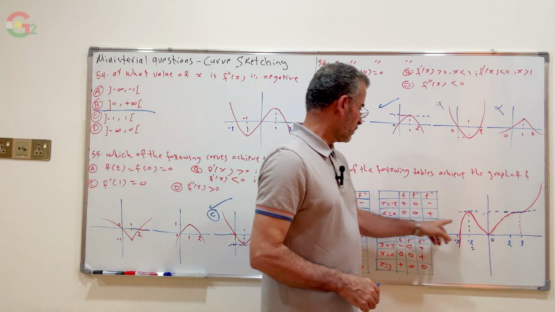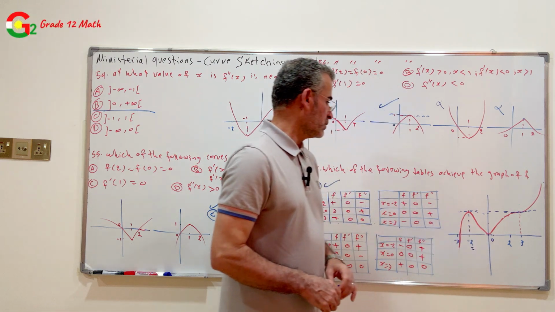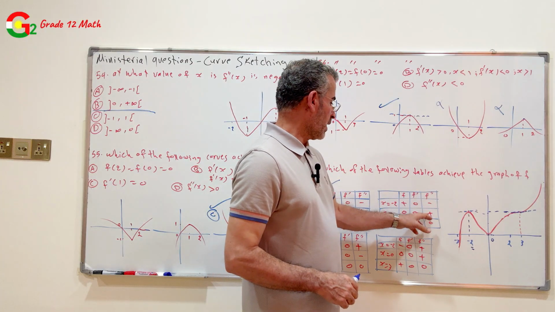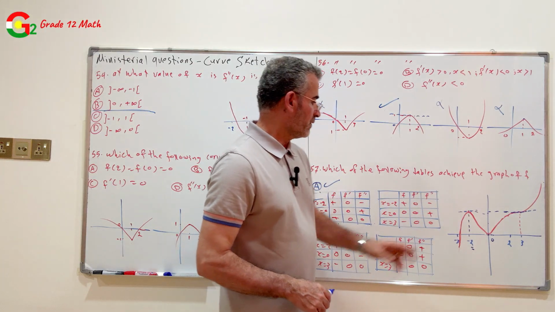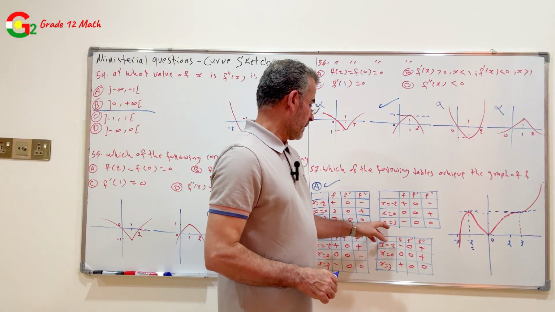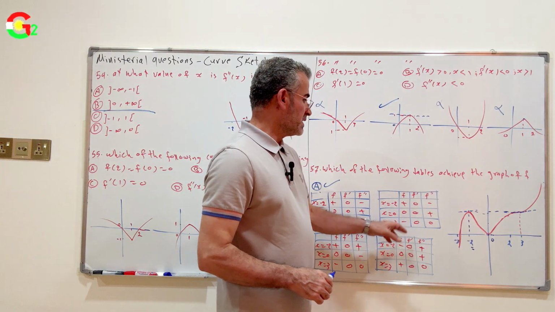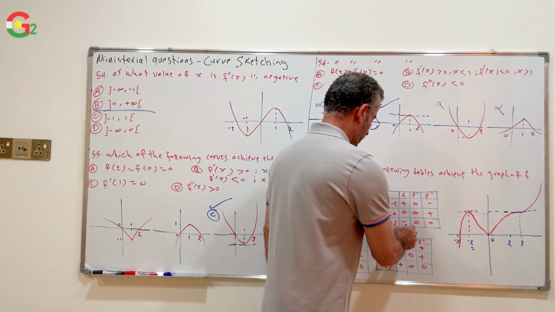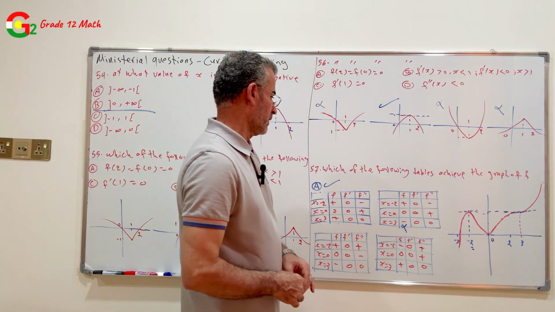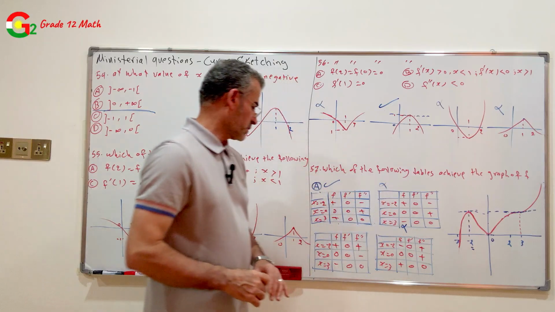F prime of 0 equals 0, also true since 0, 0 is a local minimum value. F double prime is positive, also true since the function is concave. At x equals 3, f is negative, it is wrong since f of 3 is 2, it is positive. Therefore, this choice is wrong.